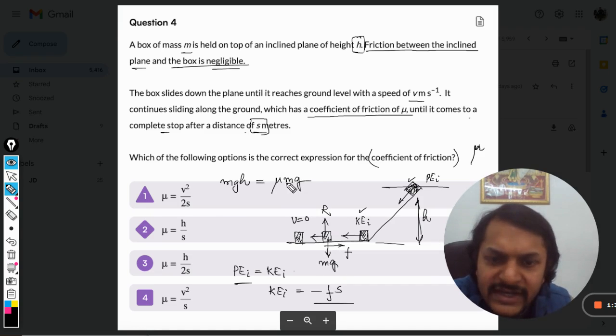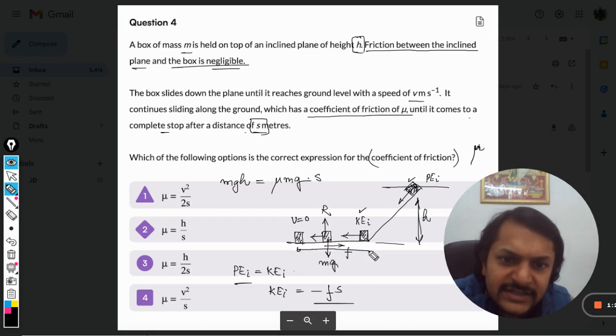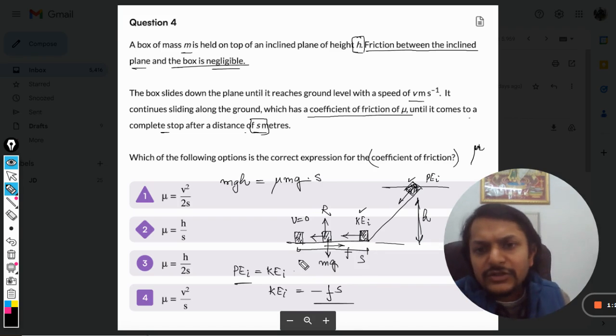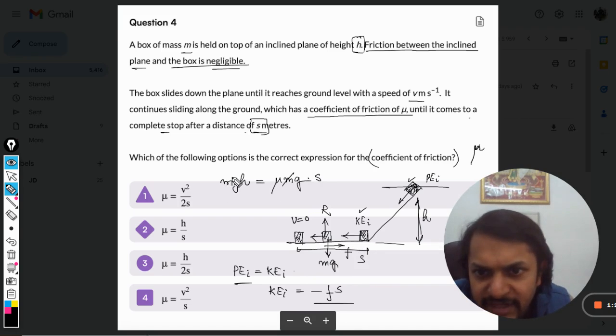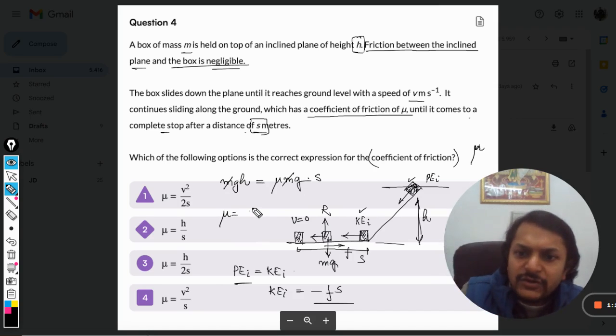So the friction can be written as mu mg into the distance traveled, which is s. So this will be the equation. m and m get cancelled out and we need to find mu.